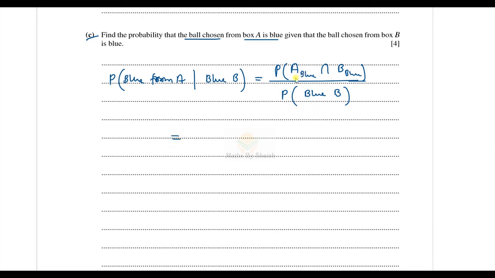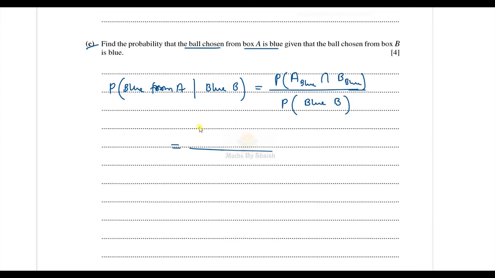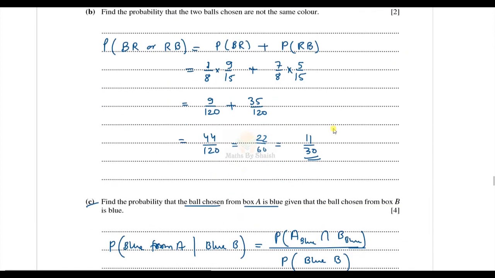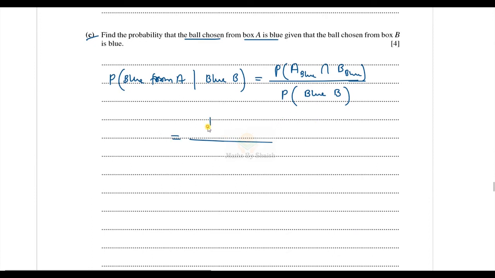We can see what is the probability when blue is coming from A as well as, and intersection means and, from B. From the tree diagram we can see it was the last option, blue and blue, so 1 over 8 into 6 over 15. This is the first case.